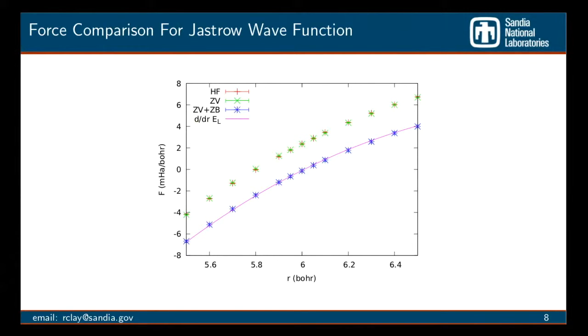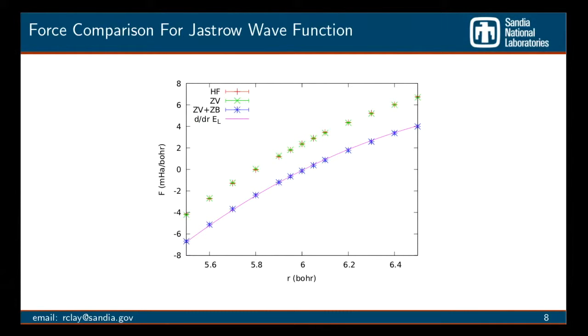The ZV term over here is kind of nice because when you add it onto the Hellman-Feynman term, it doesn't change the answer. It is rigorously 0 as it should be. The main difference is that the error bar is a factor of 2 to 3 smaller than what the Hellman-Feynman term alone would have had. When we include the zero-bias contribution, we bring this thing right back onto the reference implementation.